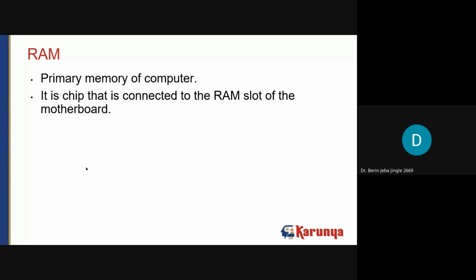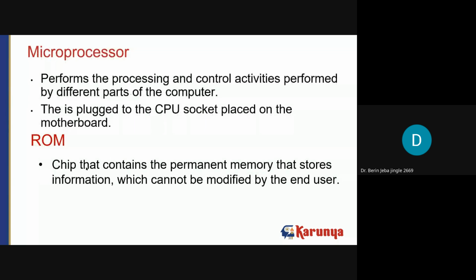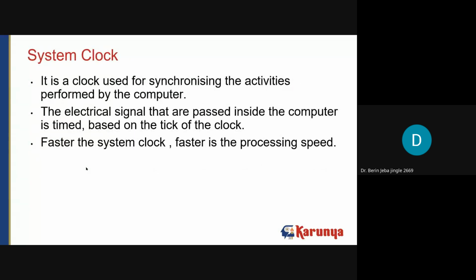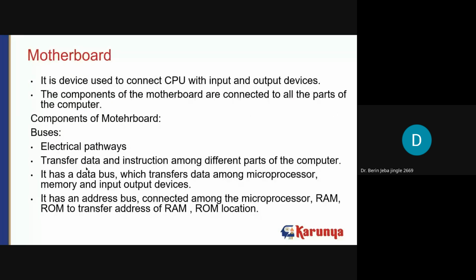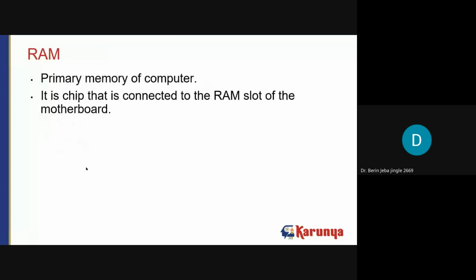It is a chip that is connected to the RAM slots of the motherboard. Everything I already told you, RAM, ROM, the microprocessor, system clock, and buses, are all integrated inside a motherboard.